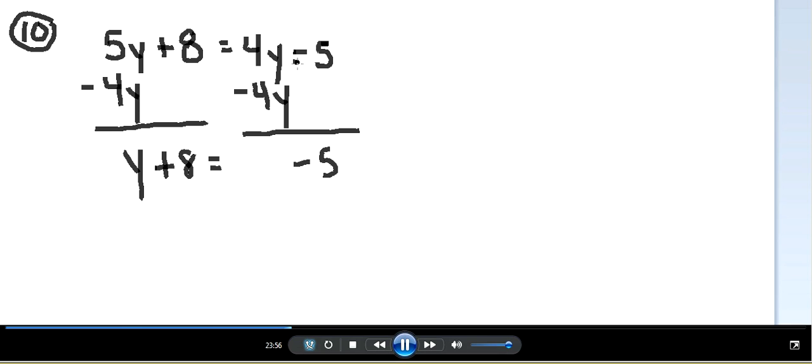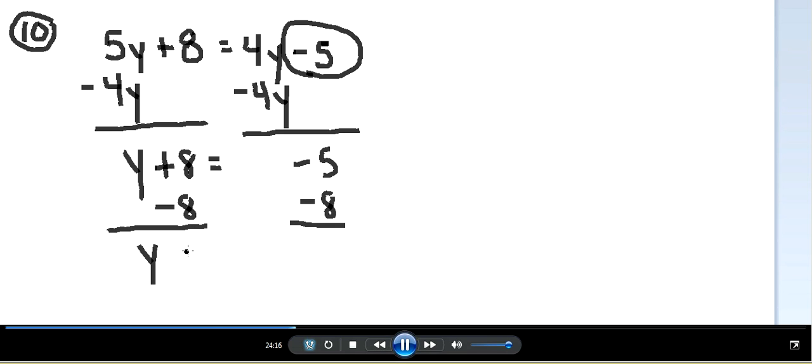Don't forget the negative here. That's important. And then from here, I'm going to get the y by itself by getting rid of the 8 that's with it. So I'm going to subtract 8 from both sides. So I've got y equals -13.